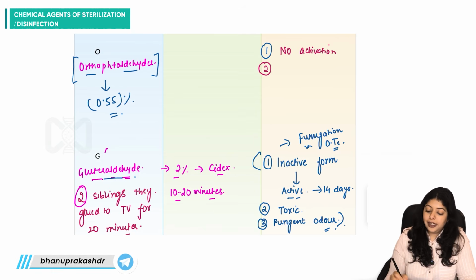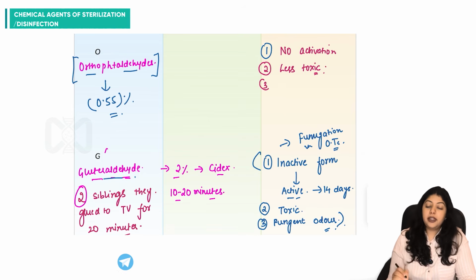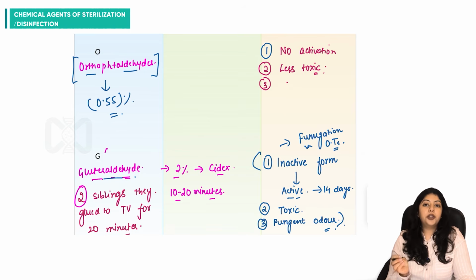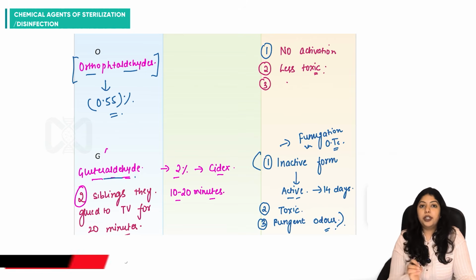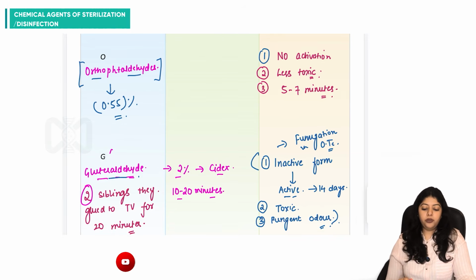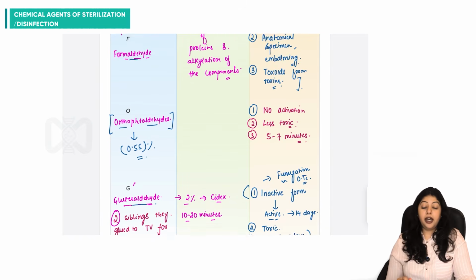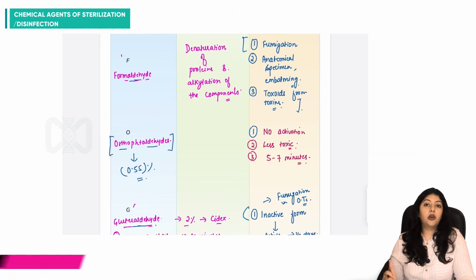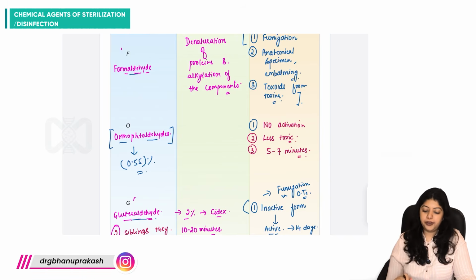It is less toxic, and it has a smaller duration of activity, or it requires just a smaller contact time of 5 to 7 minutes. Right? So all of these agents are high-level disinfectants along with the sporicidal activity.